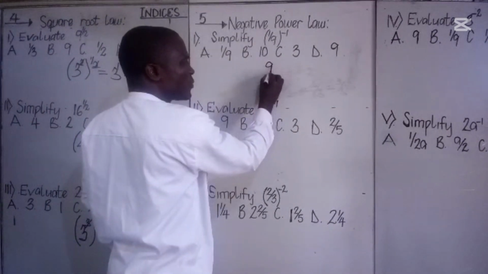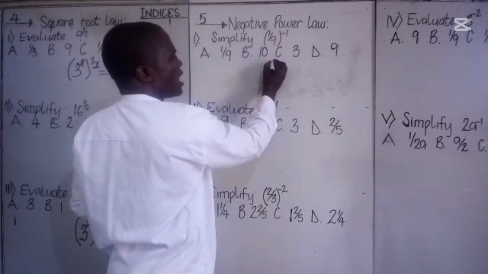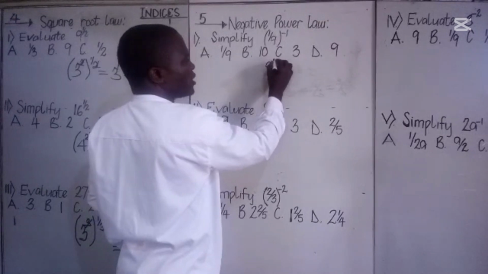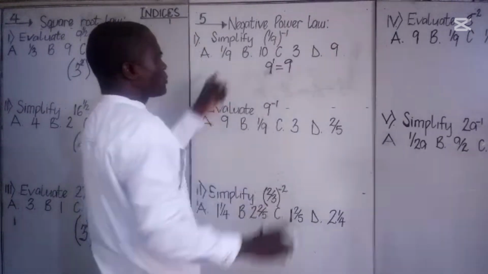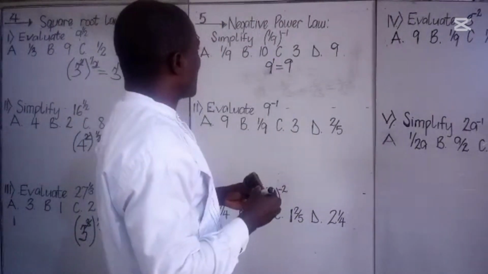As soon as you take the reciprocal, the negative sign is cancelled out. You are now left with only 1, and that means 9 raised to power 1 is 9. So the most appropriate option here is option D.